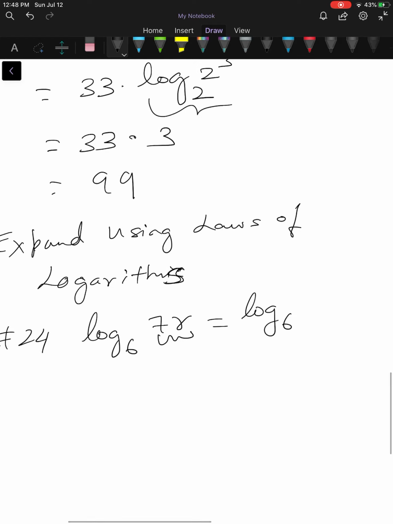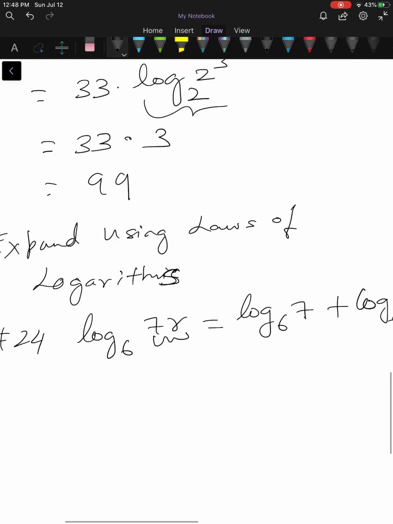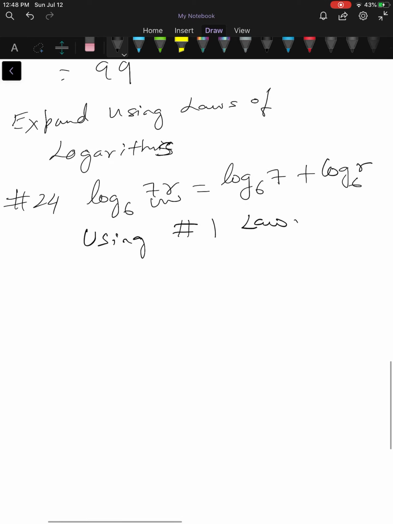So to expand this, you can apply law number 1. So that says log 7 to base 6 plus log r to base 6, correct, using law 1, okay. That is the expanded format.